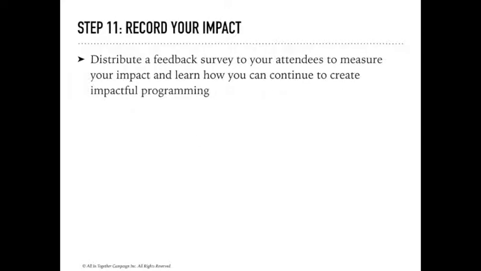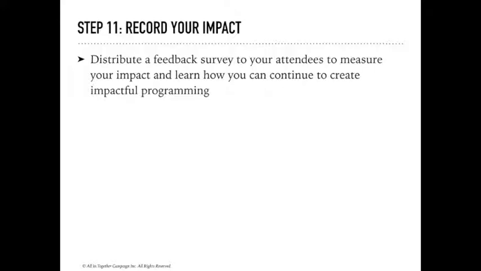So one of the last steps in planning your workshop and making sure that you're creating impact in a sustainable way for workshops to come is to make sure that you're surveying your audience and your participants to see how things went.